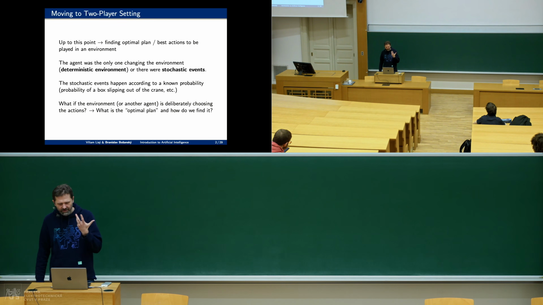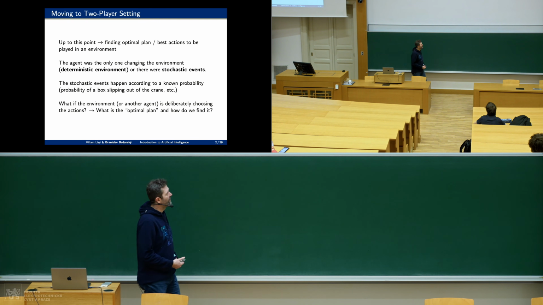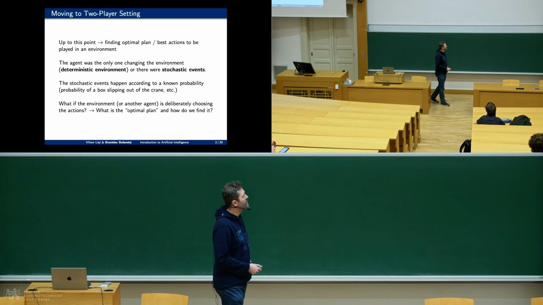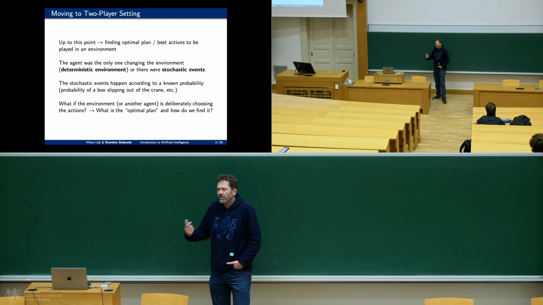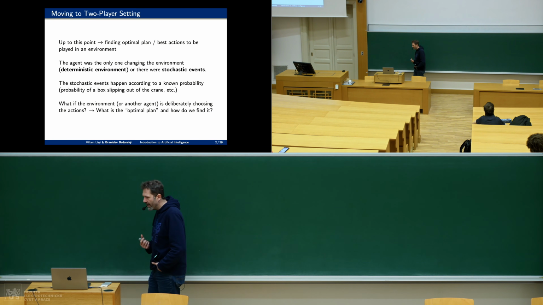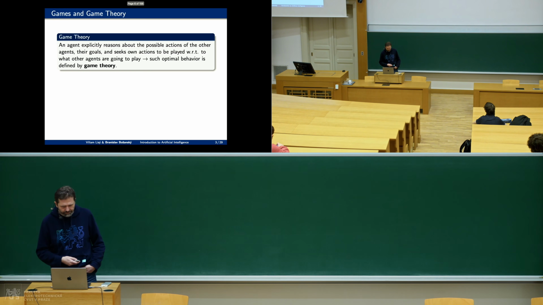So we will have this situation where we have multiple agents, and each agent is trying to find the best action for that agent. Now the question would be, what is the optimal plan if we have this setting?